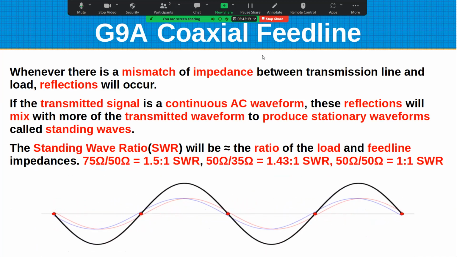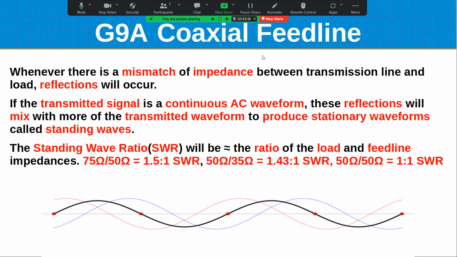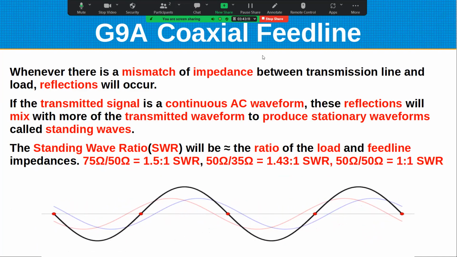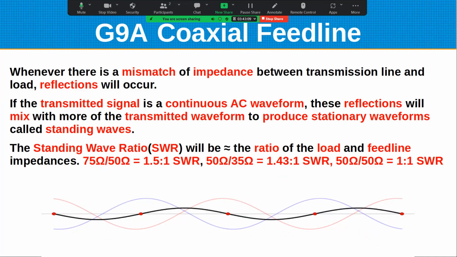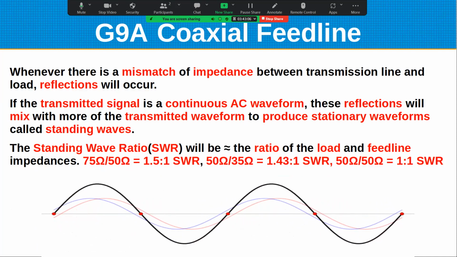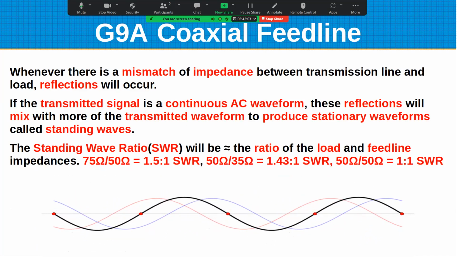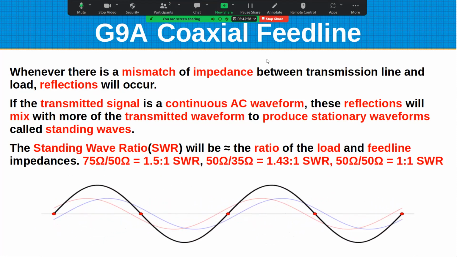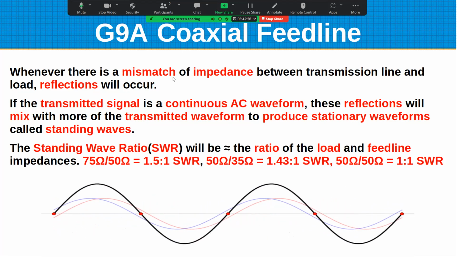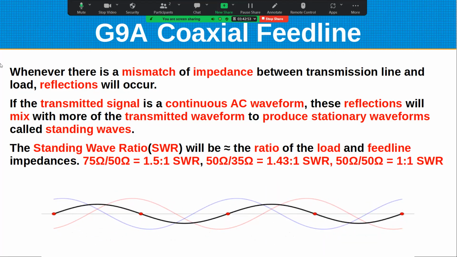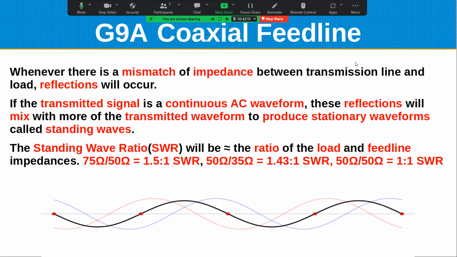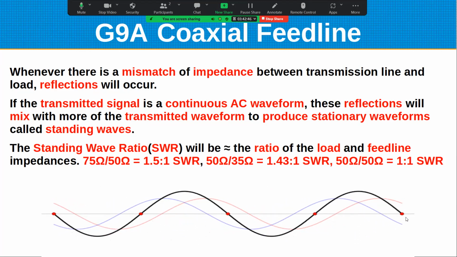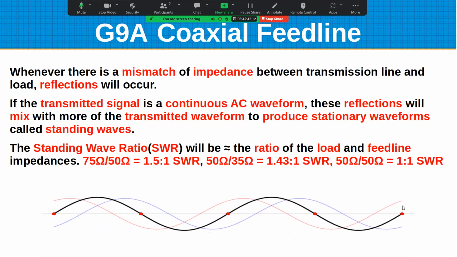Whenever you have a mismatch of impedance, in other words, your antenna is a different impedance than the feed line, you're going to get a reflection, and the little wiggly at the bottom is showing, in this case, 100% reflection. If you assume the blue line is the wave that you're transmitting, you'll see when it gets to the end here that it gets reflected back 180 degrees out of phase.